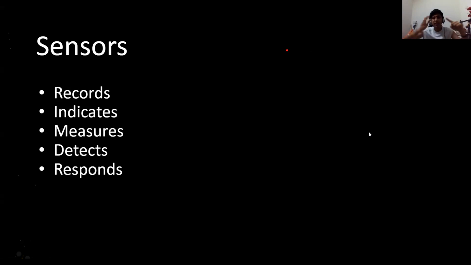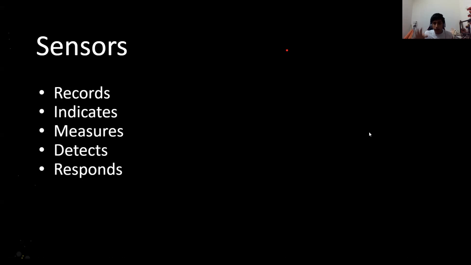So you can say it roughly measures: you can touch something and say, this is very hot, this is less hot. Your skin can detect a change in temperature. Your ears can detect a change in sound, and then tell your body to respond to that change or ask your brain to record that change, right?